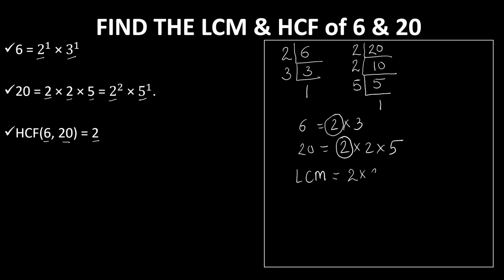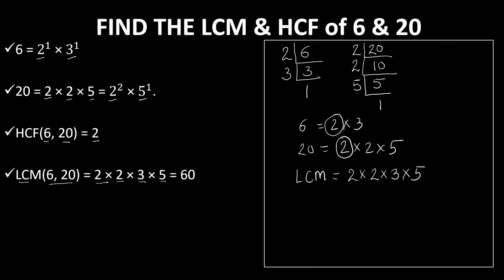So 2 into 2 into 3 into 5. The product of all these numbers will give us the LCM. Hence LCM of 6 and 20 is equal to 2 into 2 into 3 into 5, which is equal to 60.